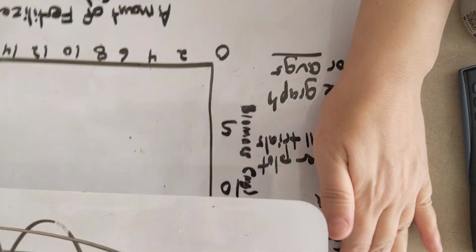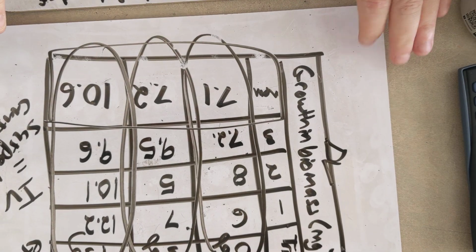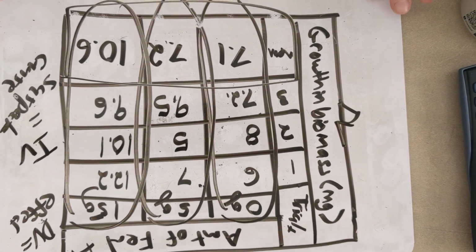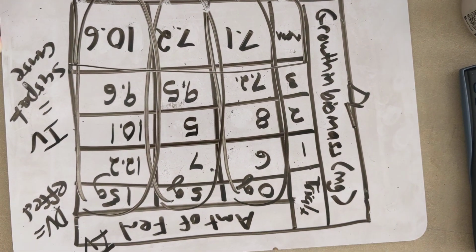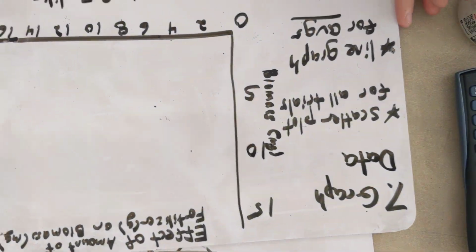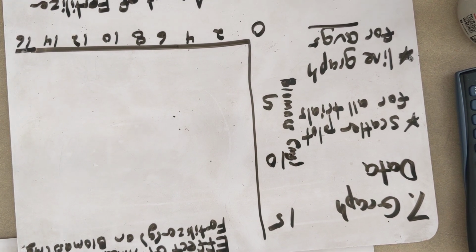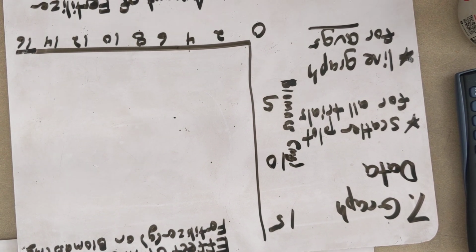So let me see if I can juxtapose these. Juxtapose means put side by side. Okay, so my 0 grams, my mean is 7.1. So I come here and I find the intersect. Now, I have a lot of students who don't know how to do this because of graphing calculators doing it for them.